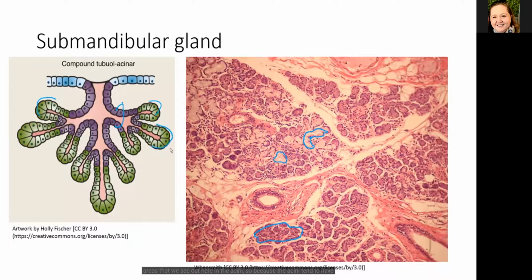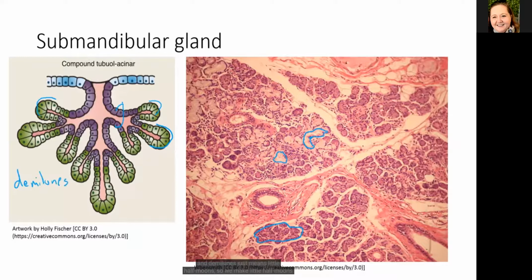So because the acini tend to have kind of a mucousy portion at the part where it connects to this mucus tubule, the acinar portion is shaped in section in the microscope kind of like a half moon. So we refer to these as serous demilunes.